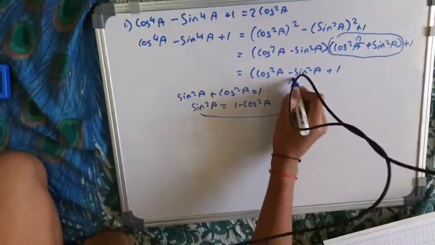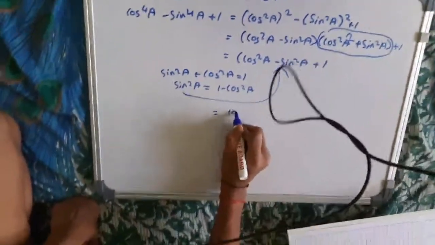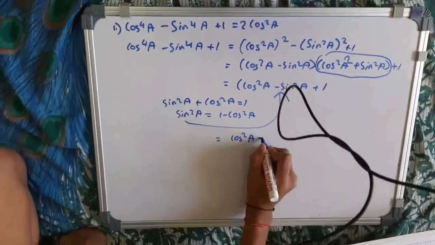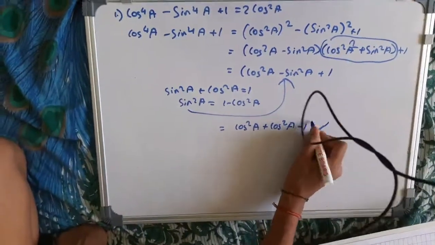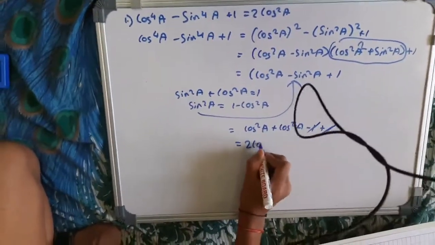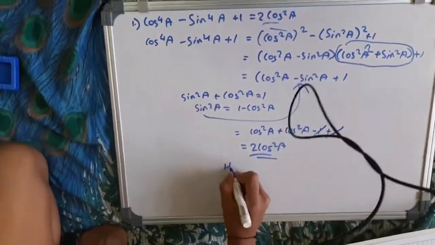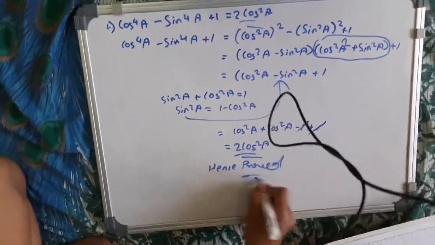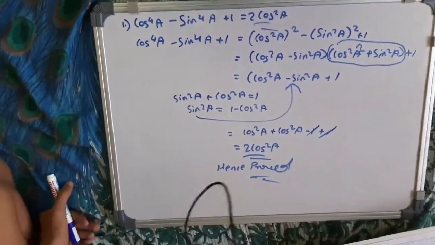Putting this value here, it equals cos square a minus sin square a, so plus cos square a minus 1, plus 1. This would get cancelled. It would become 2 cos square a, which we were supposed to prove. Hence proved. So this is the proof for this question. Now let's go to the second question.